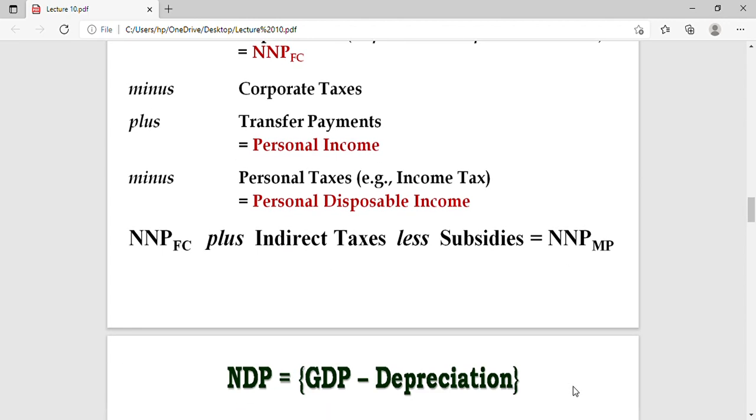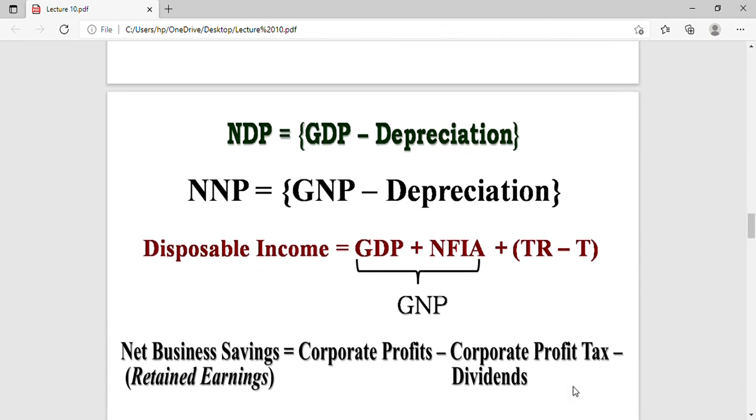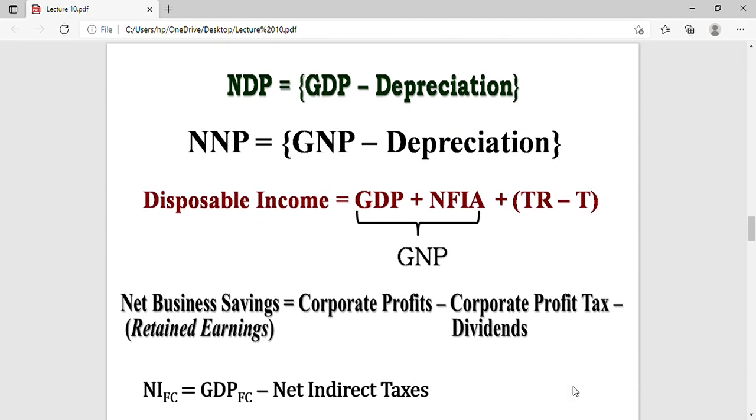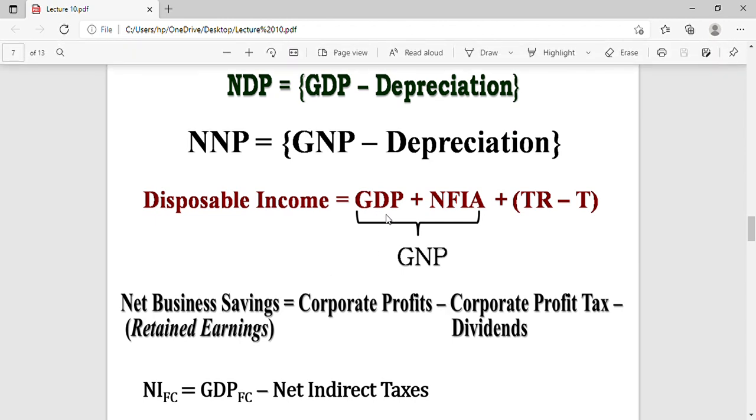And if we do NNP at factor cost plus net indirect taxes, we will get NNP at market price. So disposable income is actually GDP plus NFIA, which is GNP, plus transfer payments minus taxes.